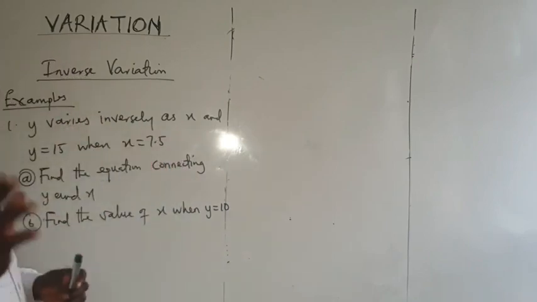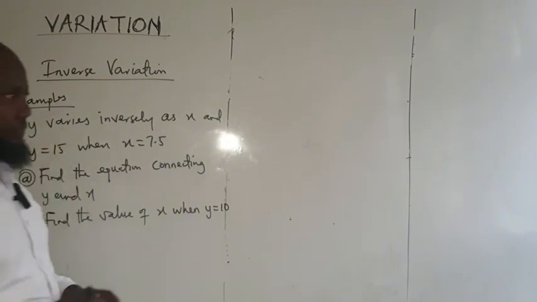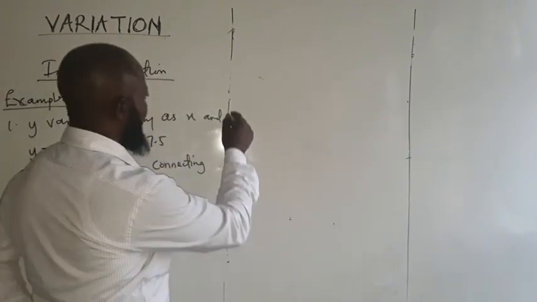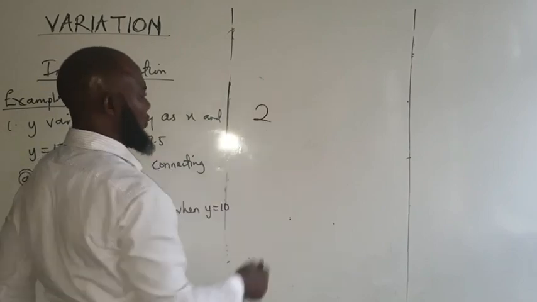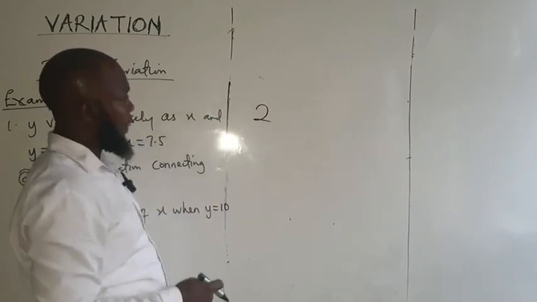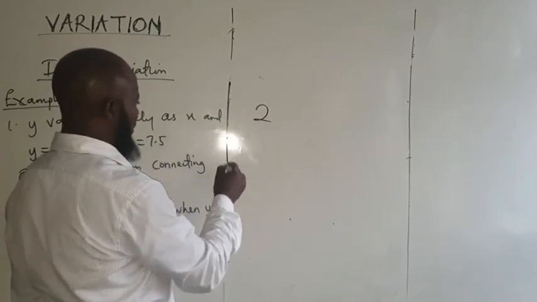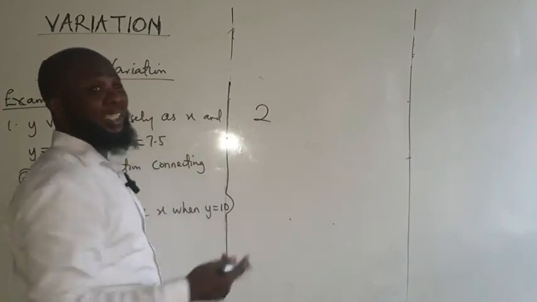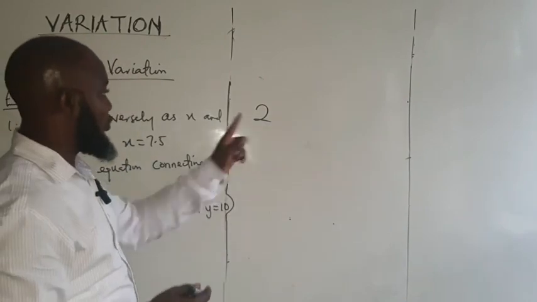Before we look at inverse variation, let's say we have the number 2. We want to get the inverse. Inverse of a number means we have a multiplicative inverse. Let me put the multiplicative inverse of 2 here.